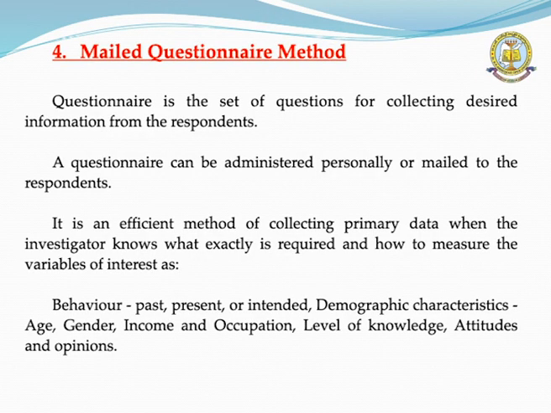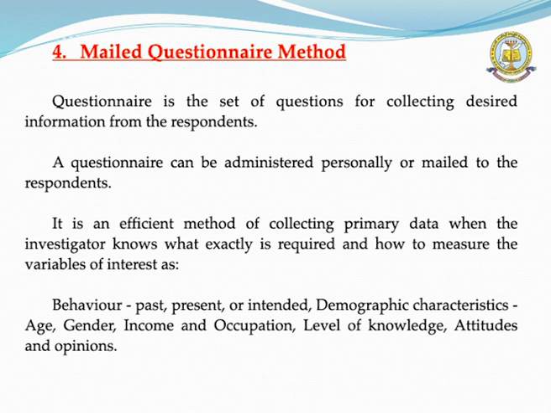One thing is very important: all these methods are based on what data we are collecting. So that's why a questionnaire is a set of questions for collecting desired information from the respondents. A questionnaire can be administered personally or mailed to the respondents.